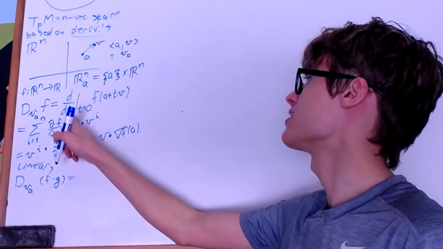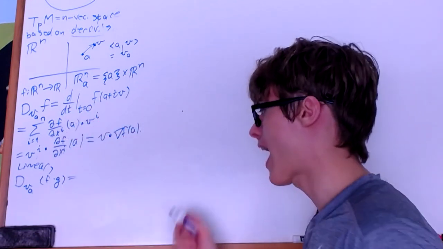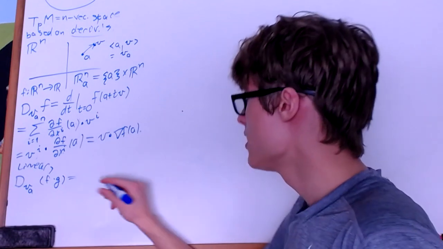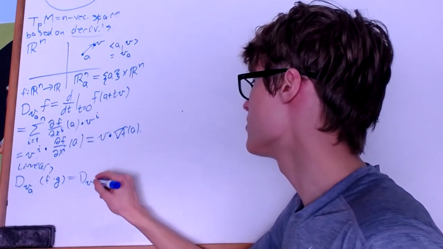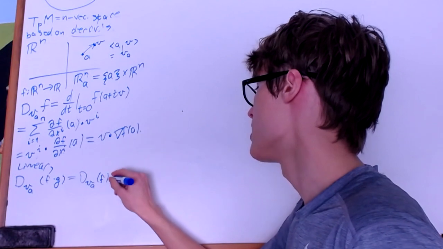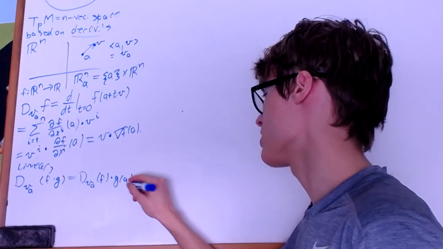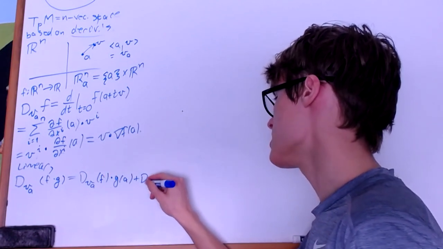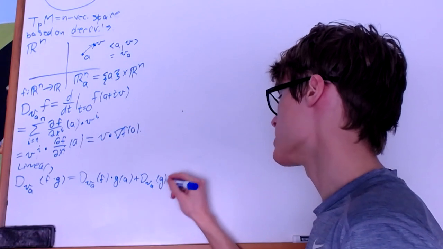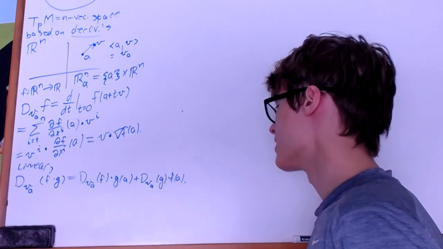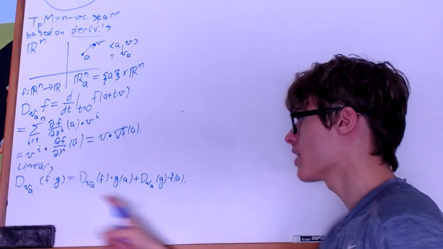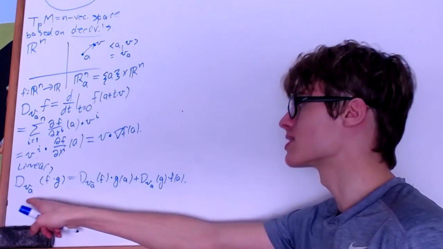It's just the fact that this d/dt has the product rule as well. So this is going to be equal to D_{v,a} of f times g evaluated at a plus D_{v,a} of g times f evaluated at a. This is just the chain rule, and you're evaluating it at your base point a.